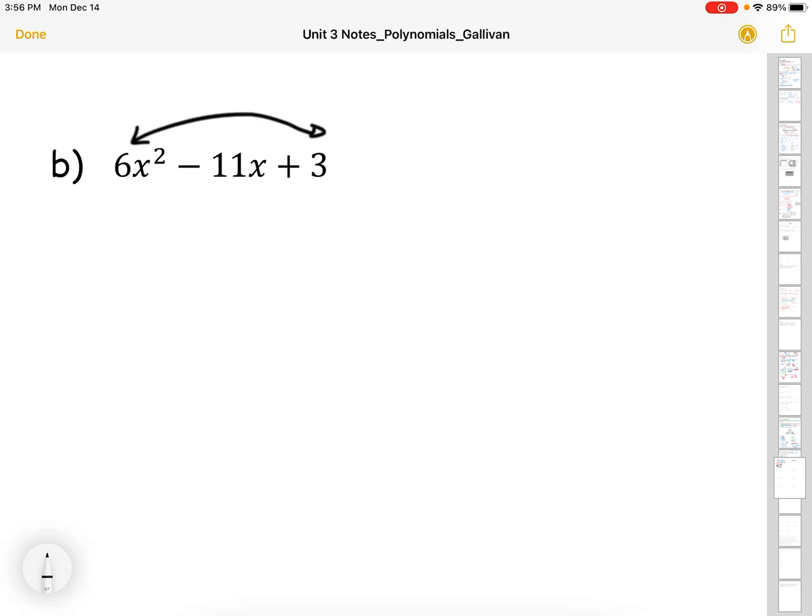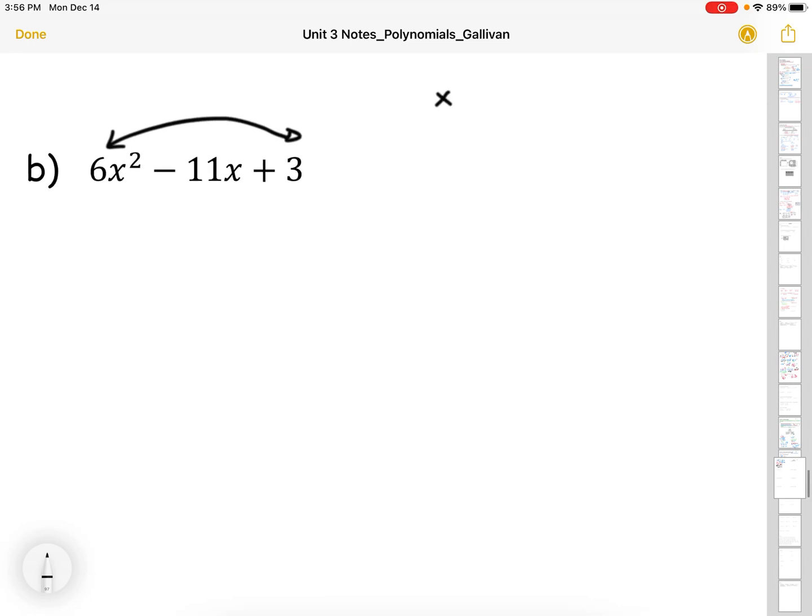Alrighty. So first step, I'm going to multiply those two to get my product. And then I'll get my middle term, my sum, which is negative 11. My product, 6 times 3 is 18. Now, I need it to be a positive number here, but a negative there. So that means I'm multiplying a negative times a negative.